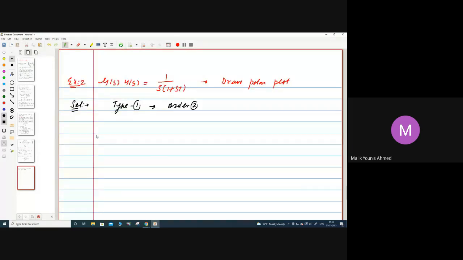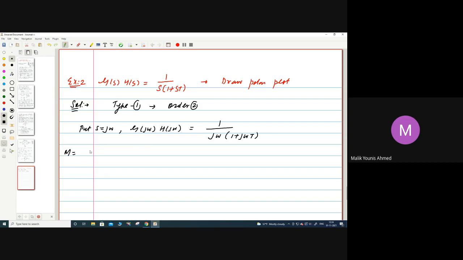So let me first put s equal to j omega. So in the open loop transfer function, G(j omega)H(j omega) will be equal to 1 by j omega (1 plus j omega T). Now first, let me find the magnitude.